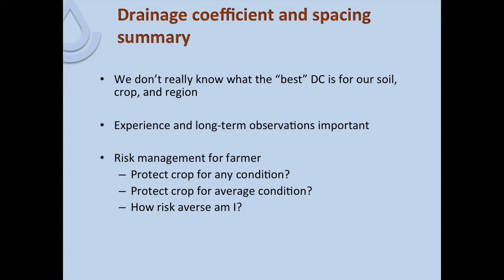Are we trying to protect the crop for any condition, for more of an average condition, or something more or less than that? So again, it comes back to risk and how risk averse the producer is and how much money they're willing to invest to compensate for that risk. It is an area of ongoing work in drainage research to try and develop new and improved recommendations.